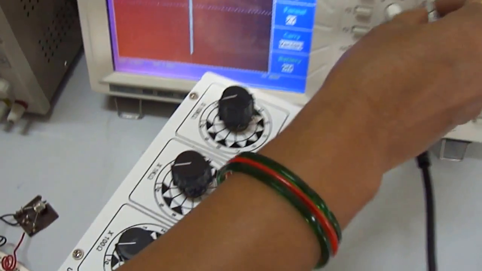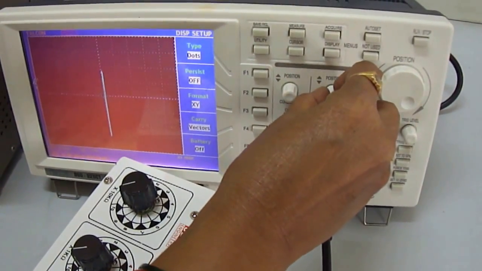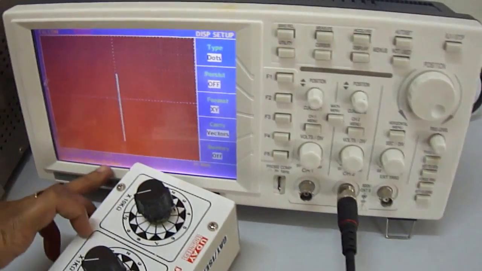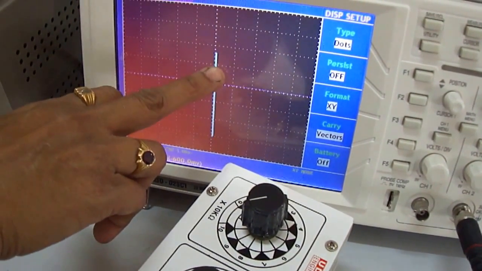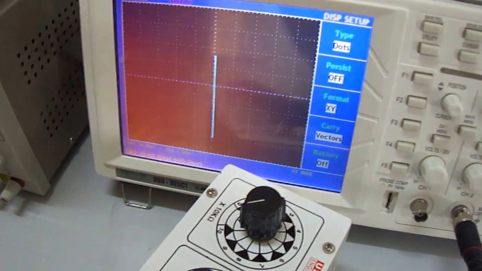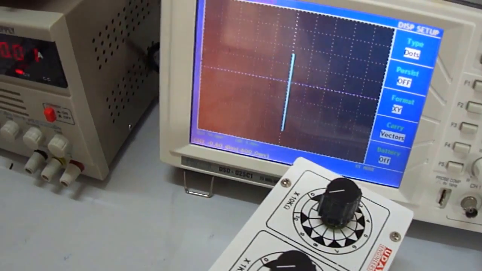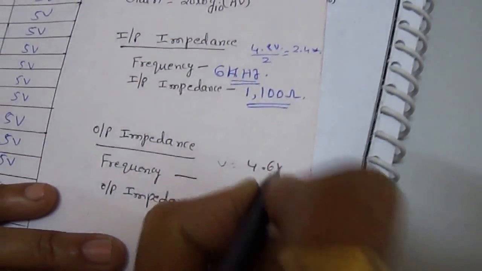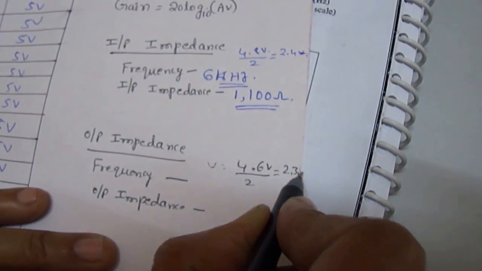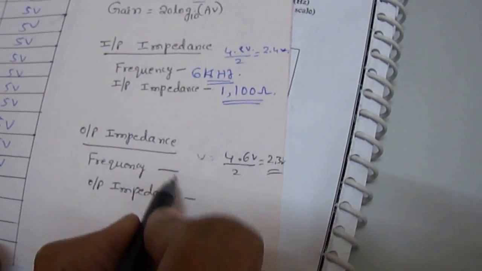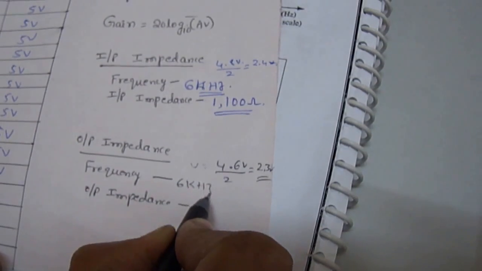Then note down the output. So it is at 1 volt. Now the output is 1, 2, 3, 4, 4.6 volts. So the output voltage is 4.6 volts. 4.6 divided by 2 is 2.3 volts. And the frequency is 6 kilohertz only.